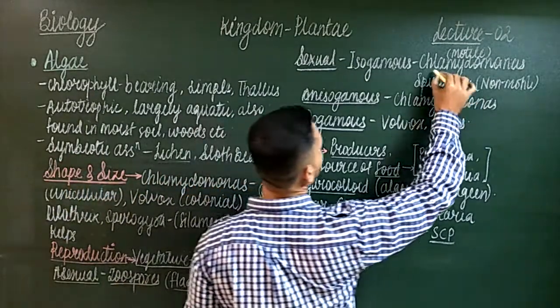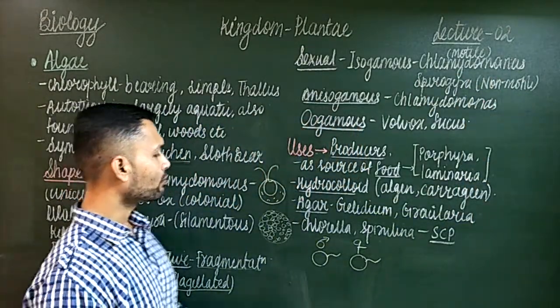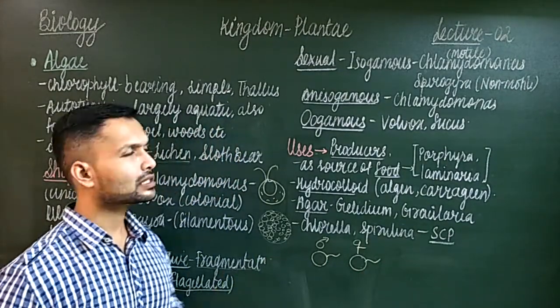That is seen in some Chlamydomonas species, where both the male and female gametes are motile and look similar in shape and size.